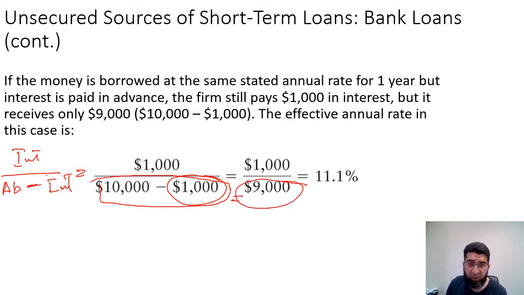And we look at how much we have paid in advance, $1,000. This gives us 11.1%. This makes sense because previously it was 10%, because we were supposed to pay 1,000 at the end of the term, but now we are paying at the early stage, so we are not using $1,000 of the amount borrowed, hence it will yield a higher cost.